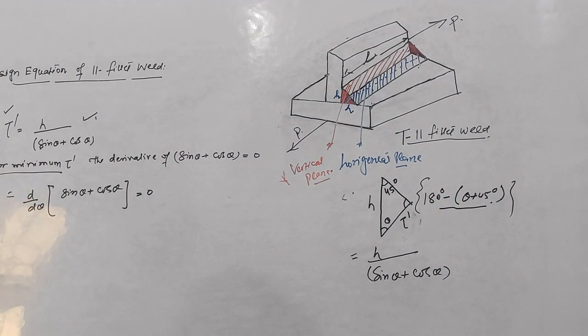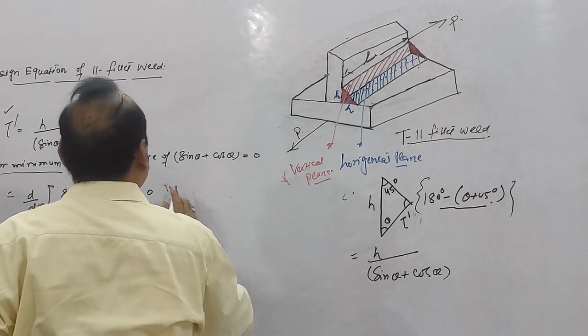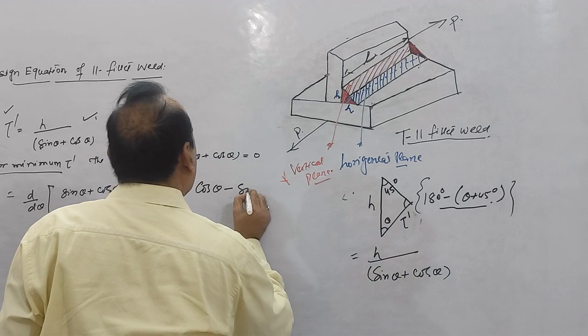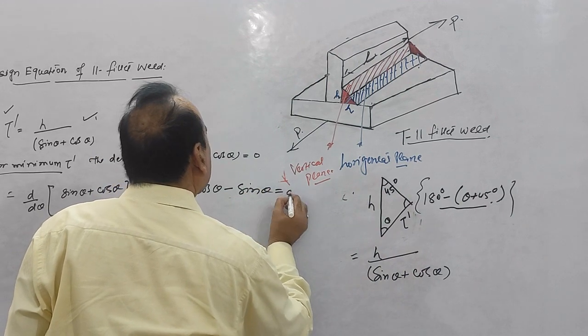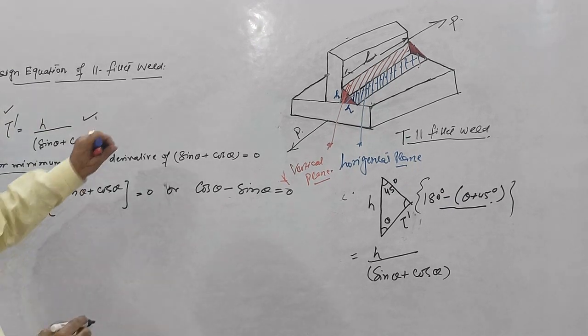You understand this? So take the derivative: cos theta minus sin theta is equal to 0. The derivative of sin theta is cos theta and of cos theta is minus sin theta.